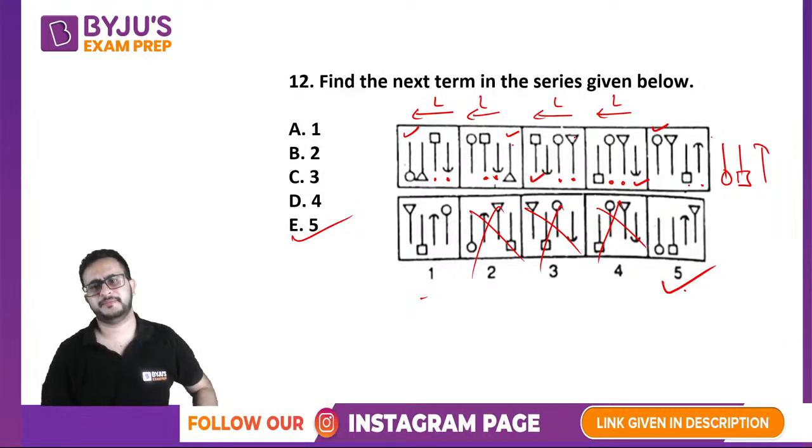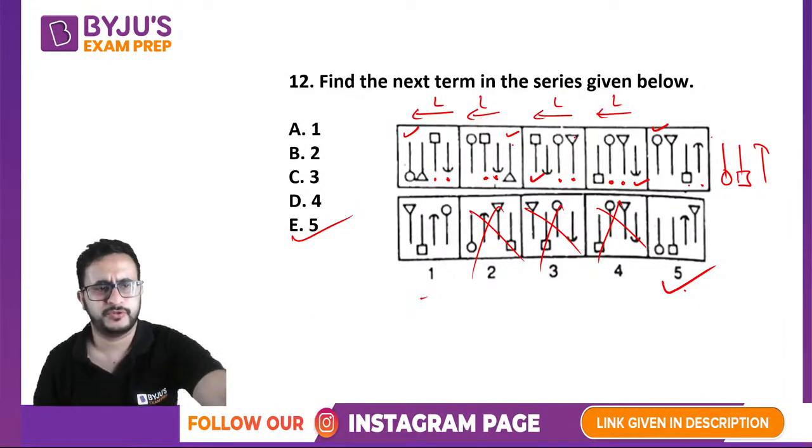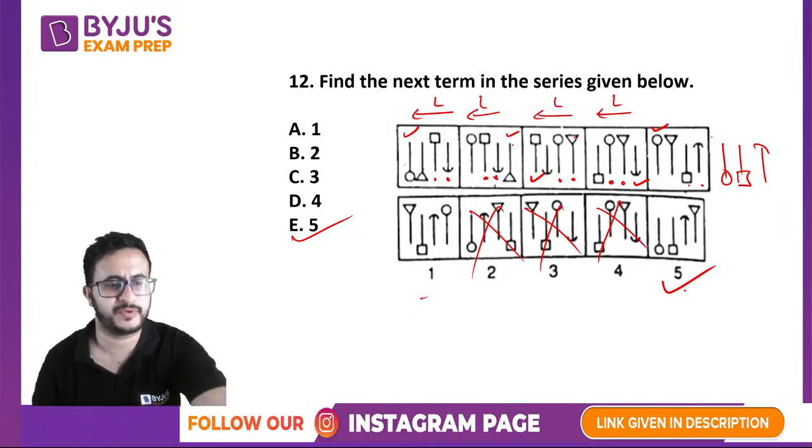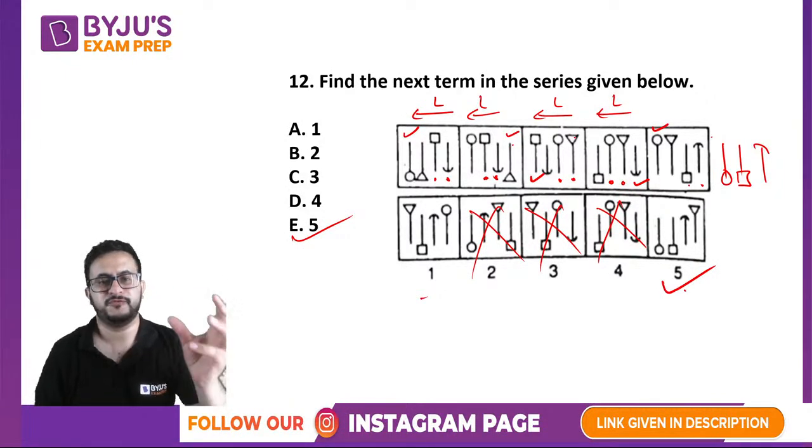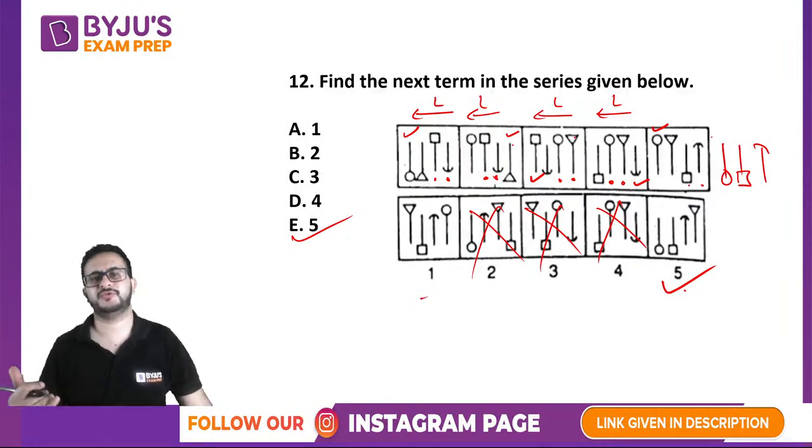So check element by element, and you are able to do this, right? So all these questions basically require observation. Be it number, be it a series of images, be it analogy, be it any other thing, it just requires focus, observation of things. And what do they test?